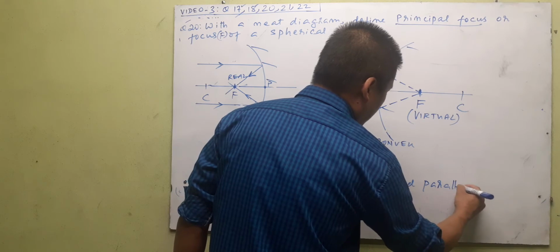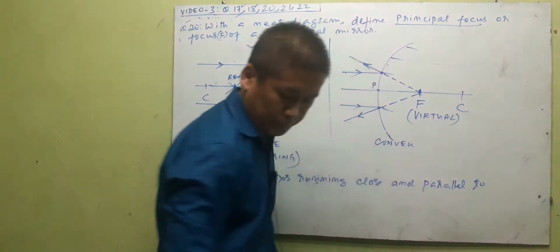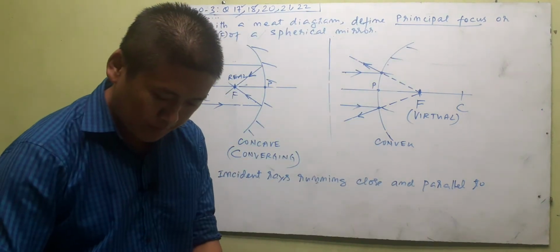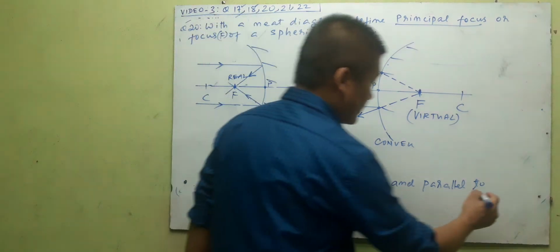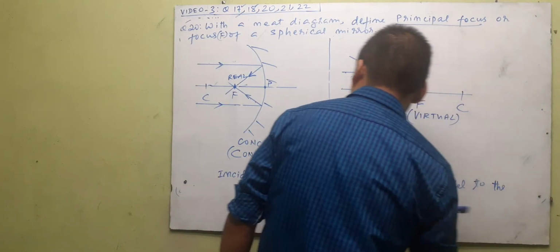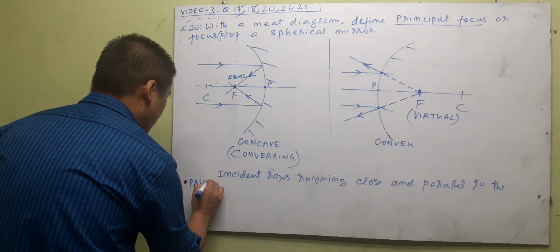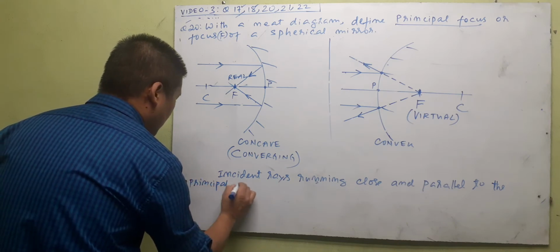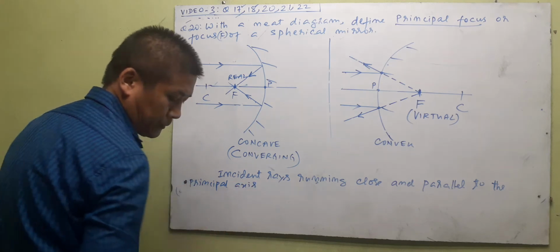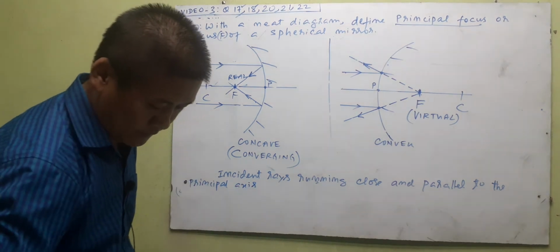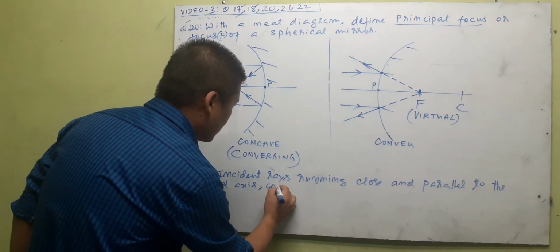This is important. Parallel to the principal axis, axis means the line. Okay, principal axis converge to a point.